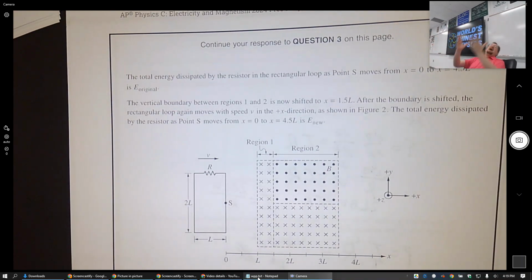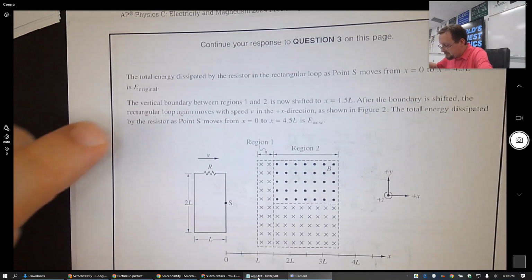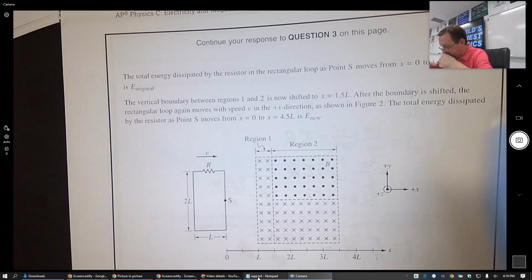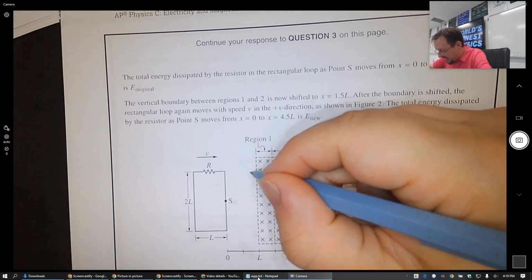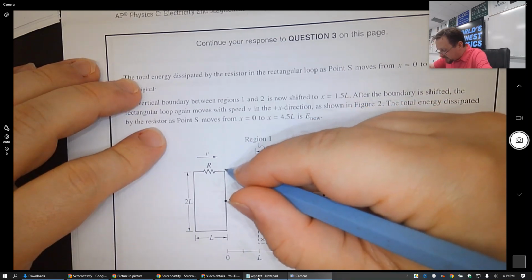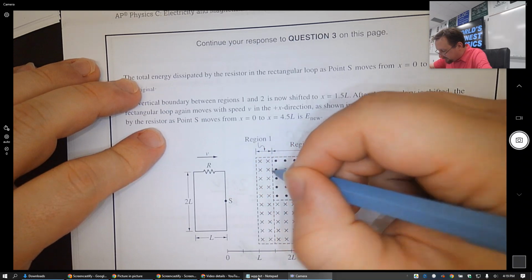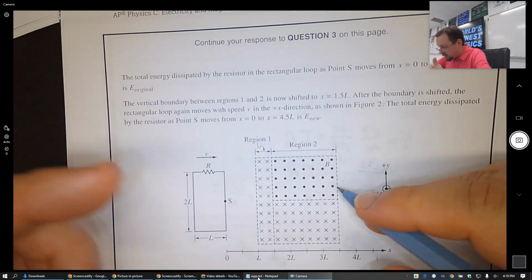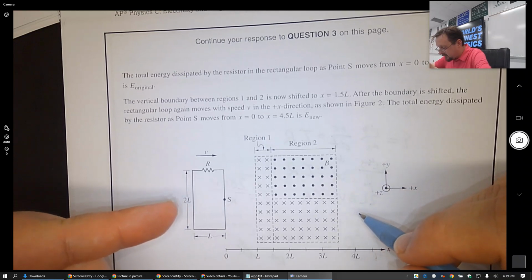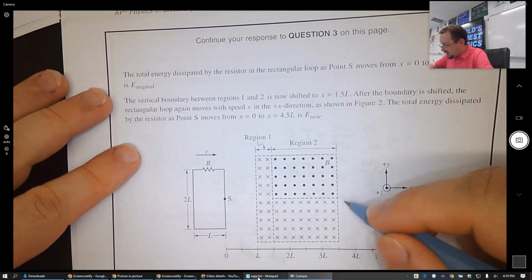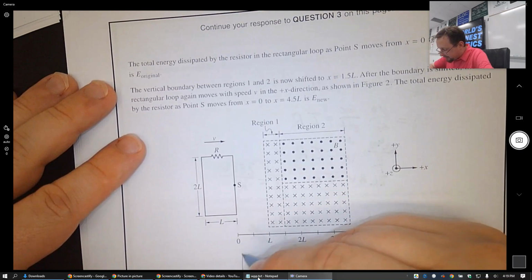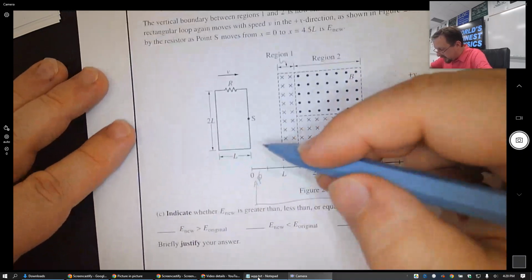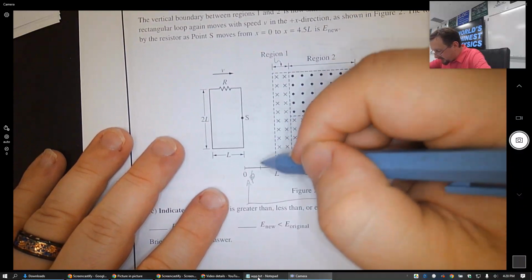Okay, so as this moves into this region, here's what's going to happen. We're going to gain magnetic flux, and then we're not going to gain it anymore after that, and then we're going to lose it. So here's what the graph of flux versus x is going to look like. It's going to look like this.